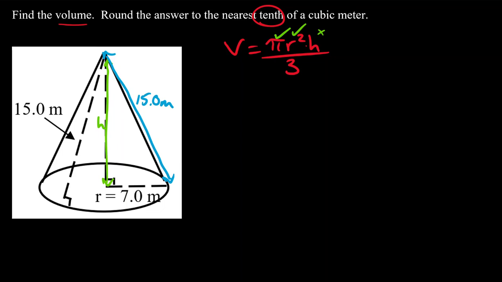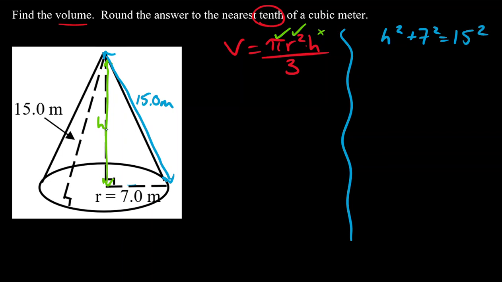Hopefully this makes sense. We're going to have to do another Pythagorean theorem, so I'm going to make some room on the side. When I look at this, the relationship is that h squared plus 7 squared is equal to 15 squared.